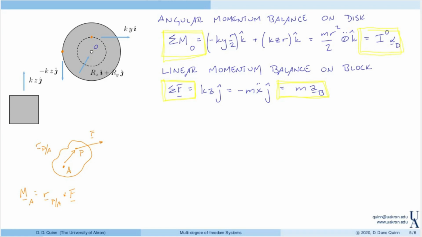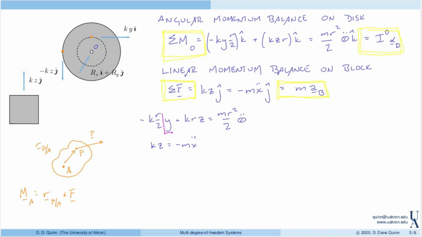So now, from this, we can pull off two equations. One of them looks like minus k r over 2 y plus k times r times z equals m r squared over 2 theta double dot. And the second equation looks like k times z equals minus m x double dot.